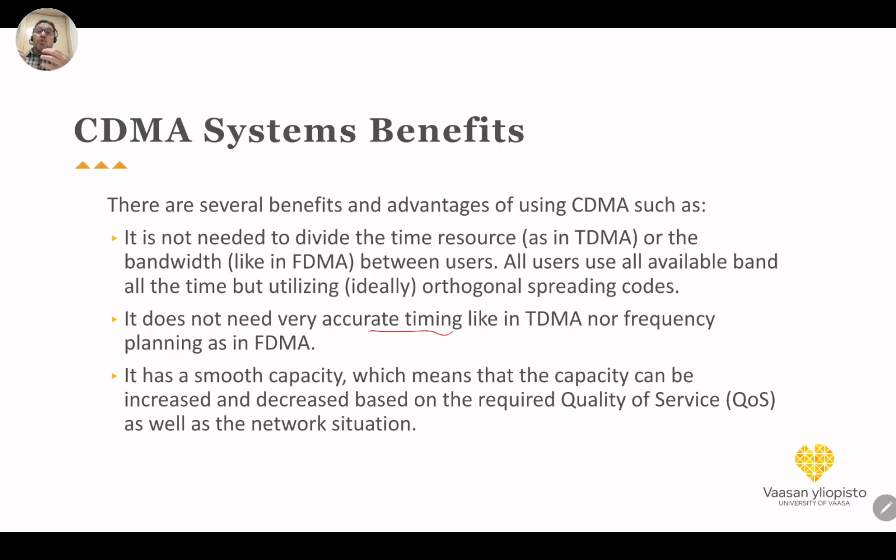So it is not that easy to do. Here in CDMA it is much easier, because you can control the quality based on the spreading factor, as we will see later. So we will come to this in more detail.